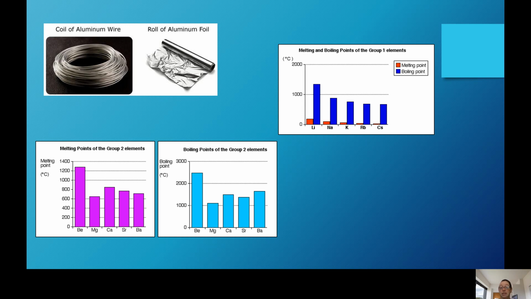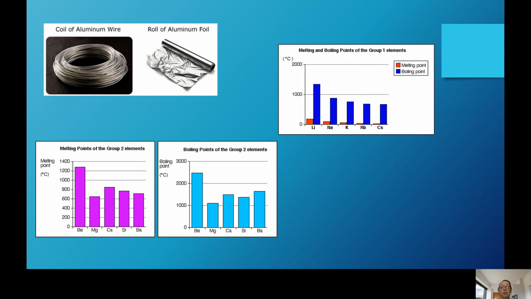But metals are still conductive as a gas because then the whole atom is moving freely, and so the whole atom is what conducts that electricity. But the breaking of that delocalized electron bond is why those boiling points are so high.